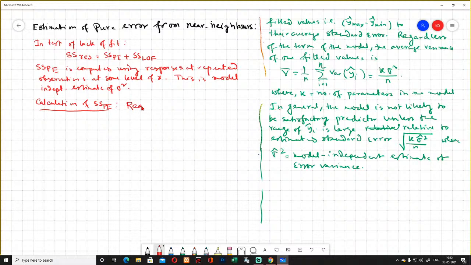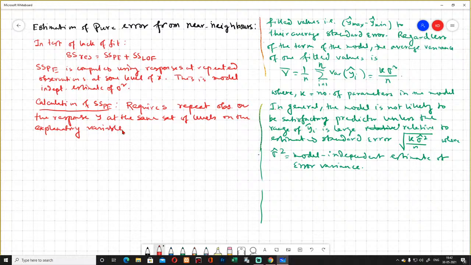requires repeat observations on the response y at the same set of levels on the explanatory variables x1, x2, up to xk.